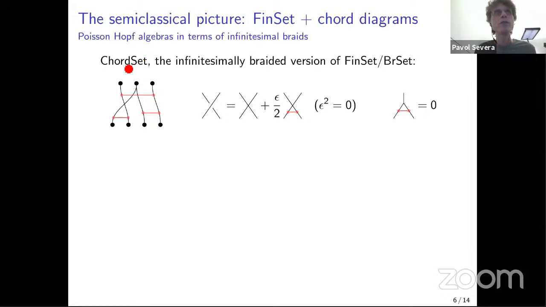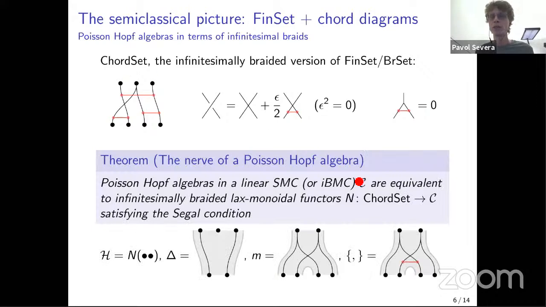And then once we have it, we have the same kind of nerve theorem as before, which says that Poisson Hopf algebras in a linear symmetric model category, or even in an infinitesimally braided model category, if you wish, are equivalent to their nerves, which are, again, infinitesimally braided lax monoidal functors, now from those chord sets.